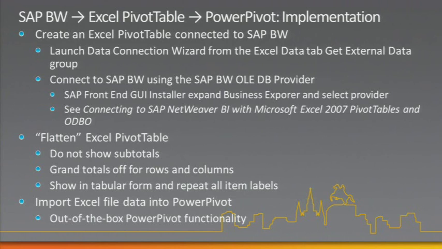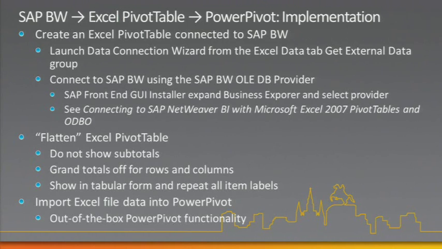So if you've got indented rows with blanks in the first column where you've got the second column, it's going to read in blanks instead of repeating the higher-level parent. So you flatten the Excel pivot table, and then once that data's in an Excel pivot table, getting it into Power Pivot is just out-of-the-box Power Pivot functionality.